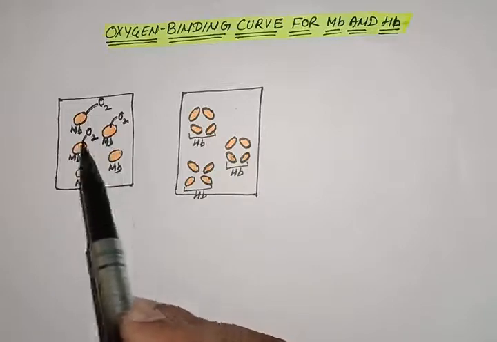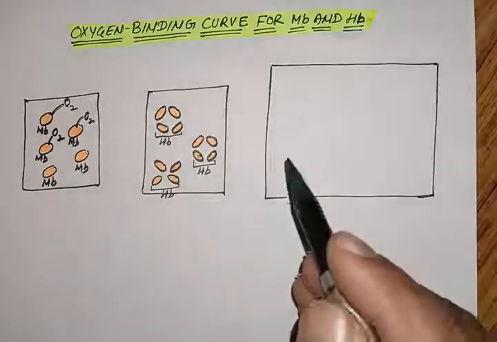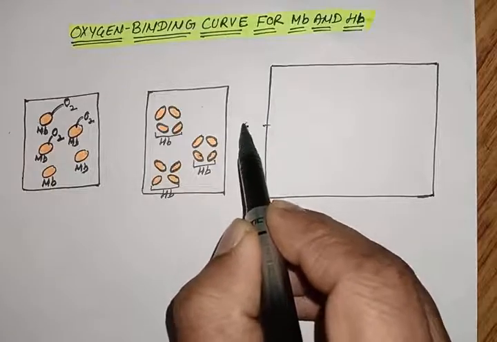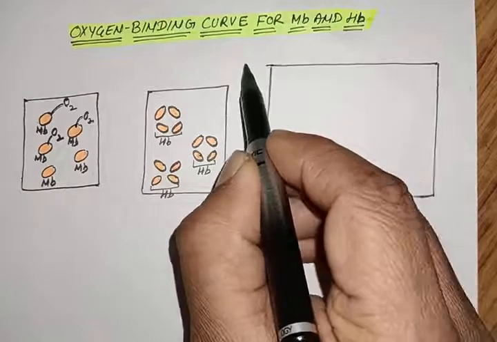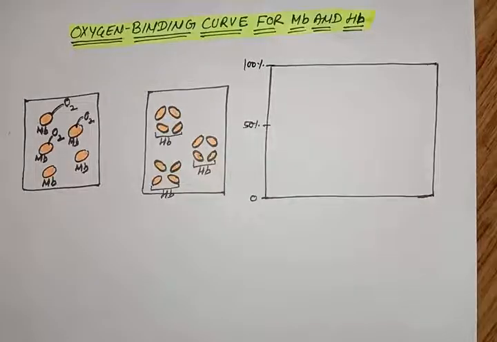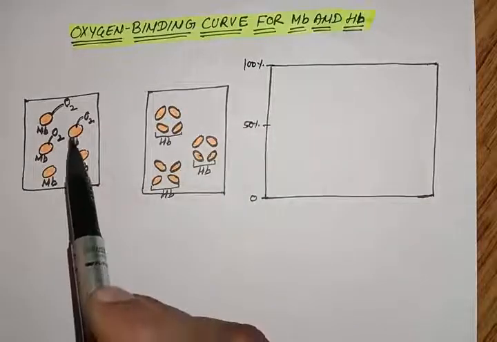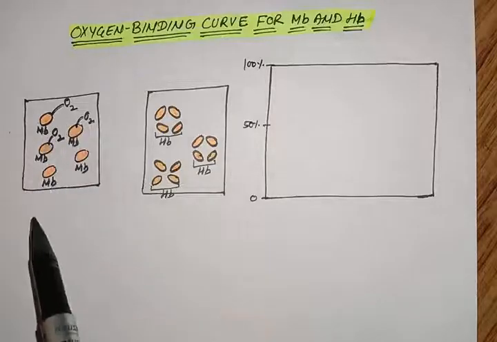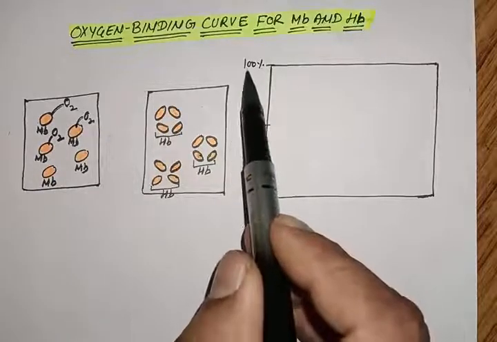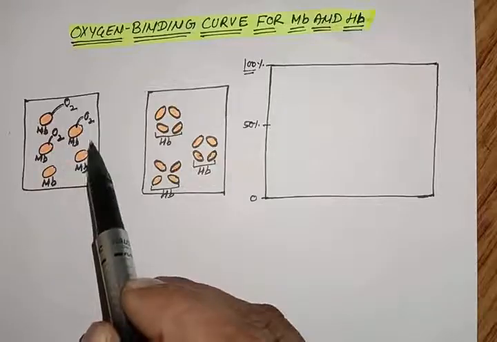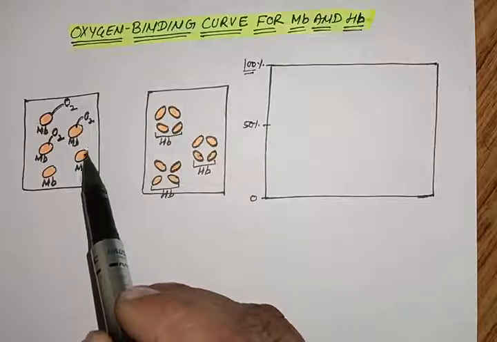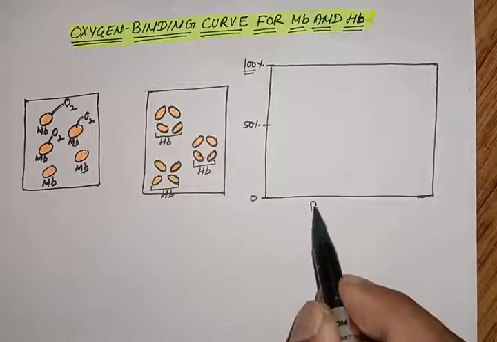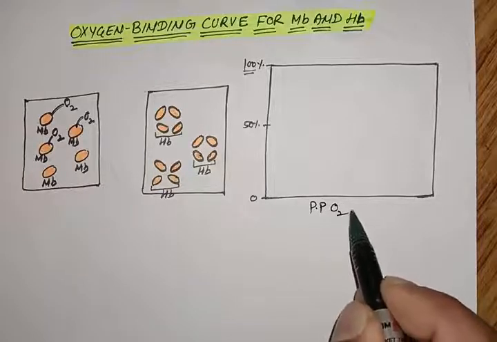Graphically, this is the 0% saturation at this point, the 50% saturation, and here is the 100% saturation. 50% saturation means 50% of the heme groups are occupied by oxygen molecules, and 100% saturation means all the heme groups are occupied by oxygen molecules, or oxygen is attached to all the heme groups. On the x-axis we take the partial pressure of O2 gas in torr.